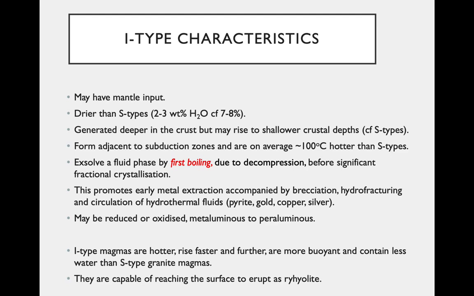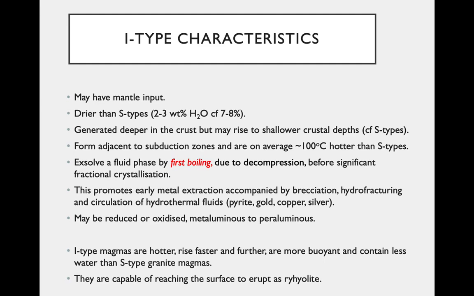I-type magmas are commonly oxidized. They're generated in a mantle zone that is oxidized, and their unique water contents actually influence the crystallization history, which promotes copper concentration in the late stage of the differentiation, or in the shallow levels, over things like moly.